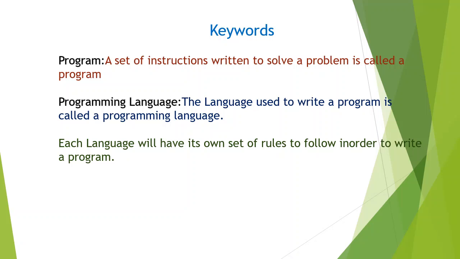Grammar means some rules and regulations in order to talk or write. In the same way, a programming language also has its own set of rules to follow in order to write a particular program. Is it clear? What is a program? What is a programming language?